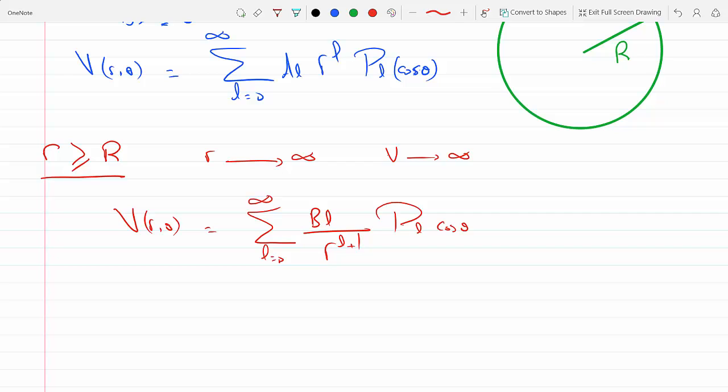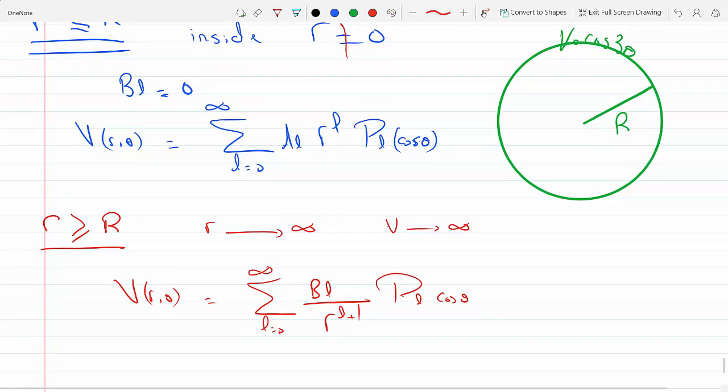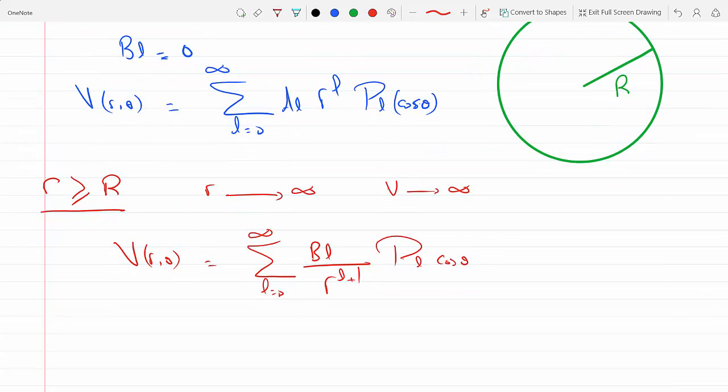Now the question becomes, what are these coefficients AL and BL? For that, we have to turn to the boundary conditions. Does this help, or do you know what to do from here, or should I keep showing you?